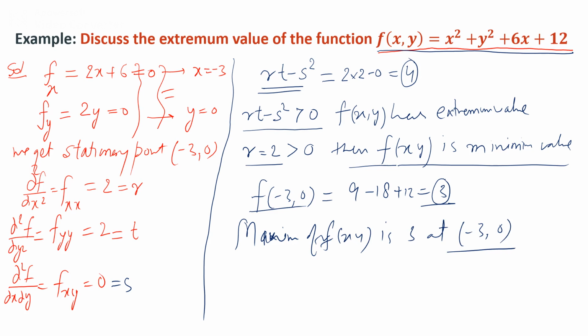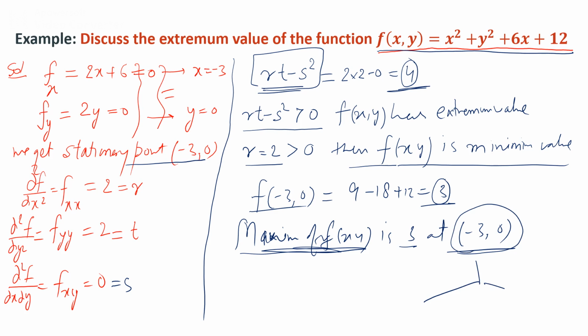Here you see, at the stationary point, when we evaluate rt minus s square, we get a constant value. We cannot get it in terms of x and y, but we can say the minimum value of the function is 3 and is obtained at the stationary point minus 3 and 0.